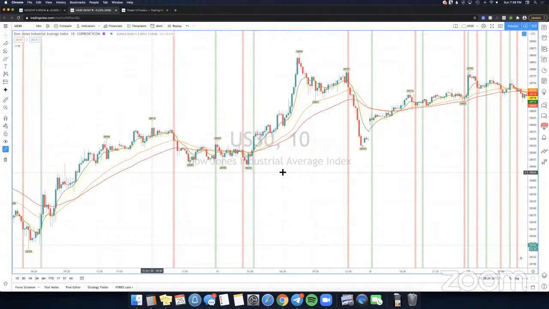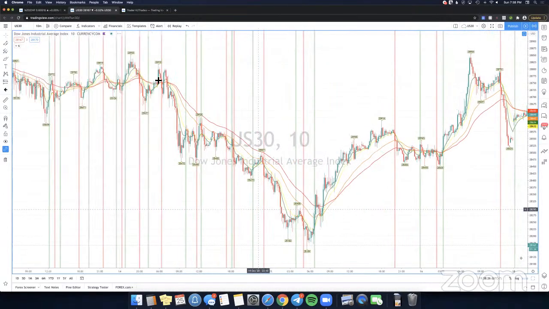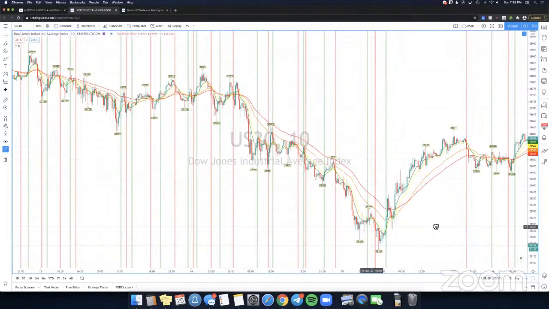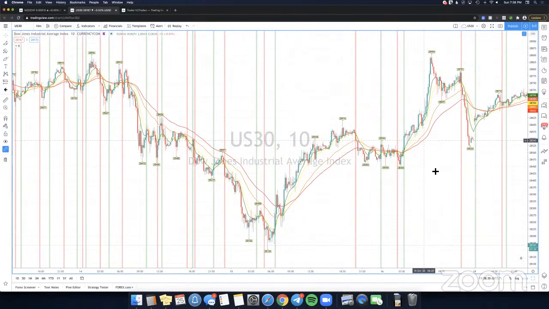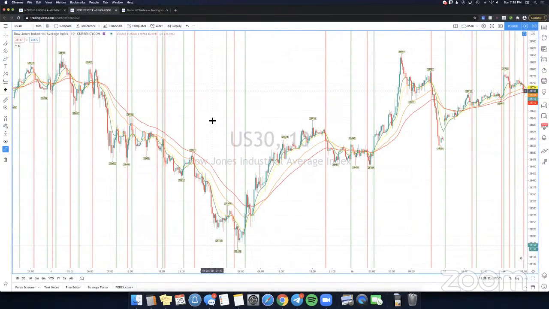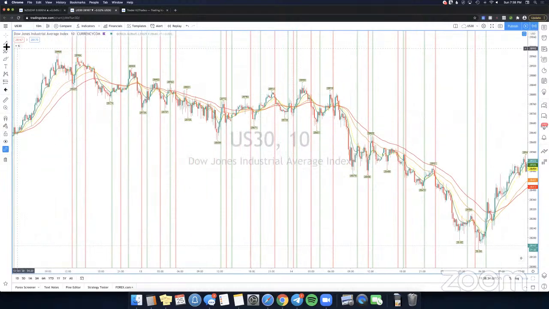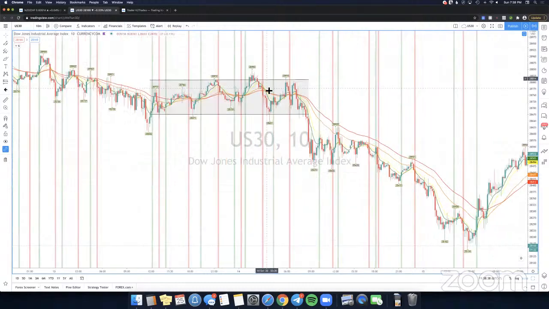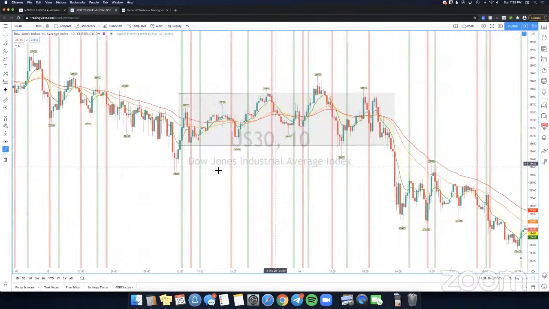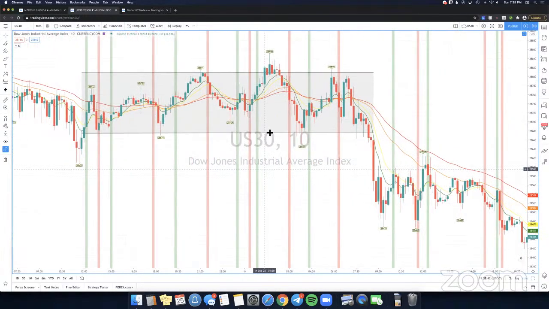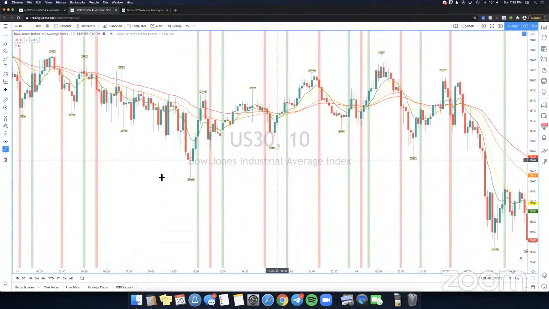But the market isn't always going to be trending like it does here. It's trending super nice down here, trending super nice up here. Consolidation, nice trend up. But something like this is messy. Some people will try to scalp within here, but there's obviously no clear trend. I would just recommend that you keep practicing it until it becomes second nature to you, where you don't even have to think about it.